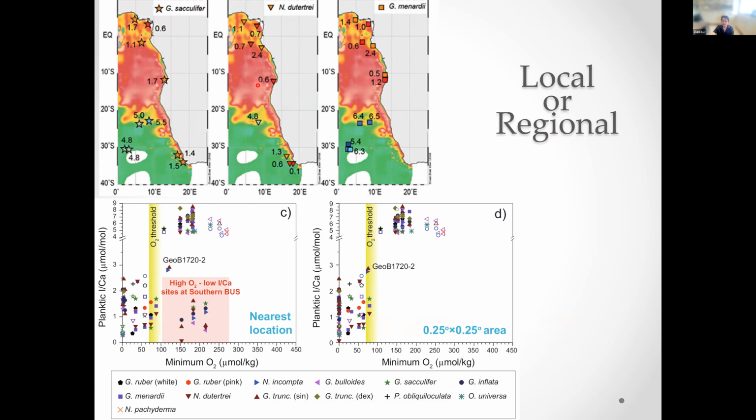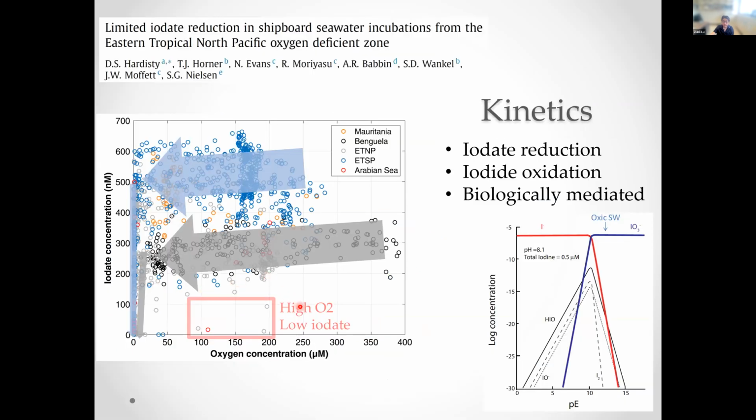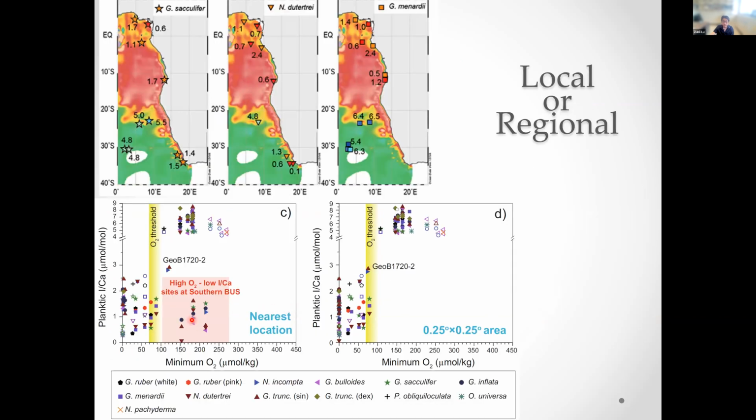But if you plot them in this fashion, you'll notice again, just like here, we have low iodate in high O2 water. We actually did see some low iodine to calcium in relatively high O2 water. This is when you plot strictly the iodine to calcium value against the minimum O2, the lowest O2 value right at this site.